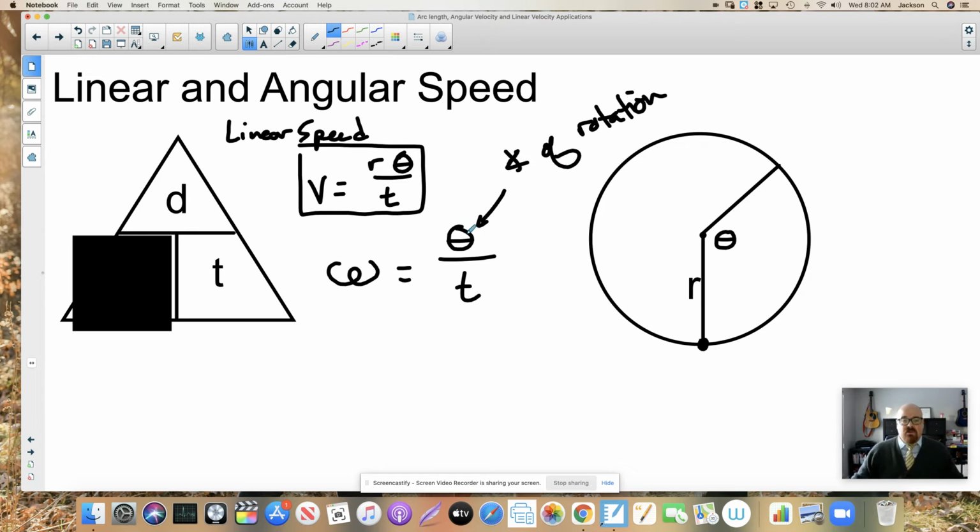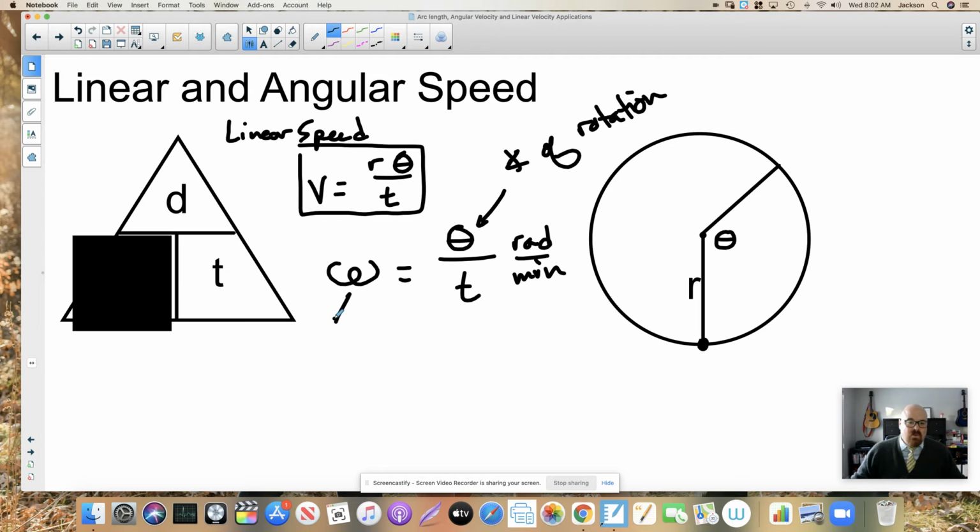Now this could be given in terms of rotation. They could say a CD is spinning at 500 revolutions per minute. That's an angular speed, right? Revolutions per minute. Now revolutions can be converted into radians, and we're going to do plenty of examples of this. I just want everybody to understand the difference between linear speed and angular speed.